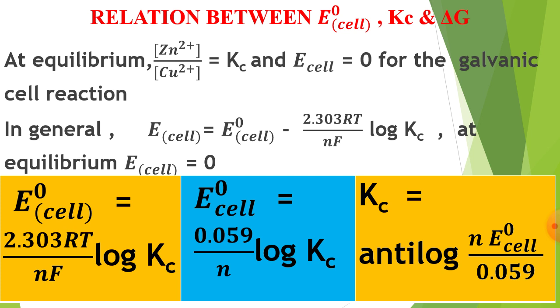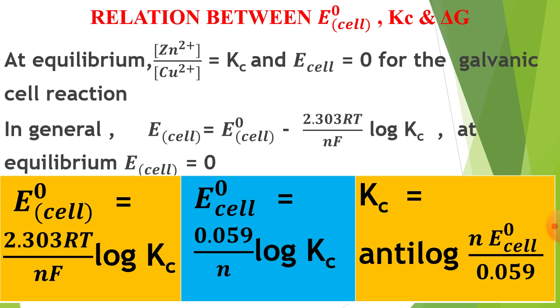So recall the formula of the Nernst equation. According to the Nernst equation, E cell equals E naught cell minus 0.059 divided by n, log of Zn2+ divided by the concentration of Cu2+. This is for the Daniell cell.